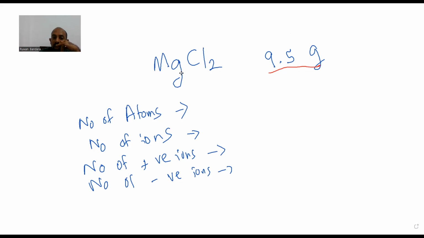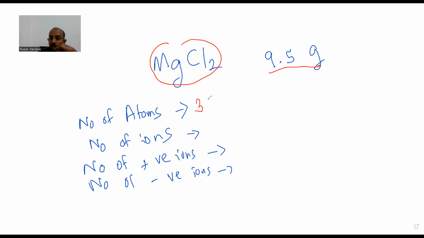You have 3 atoms in one formula unit. Why did I call this one a formula unit? This is an ionic compound.